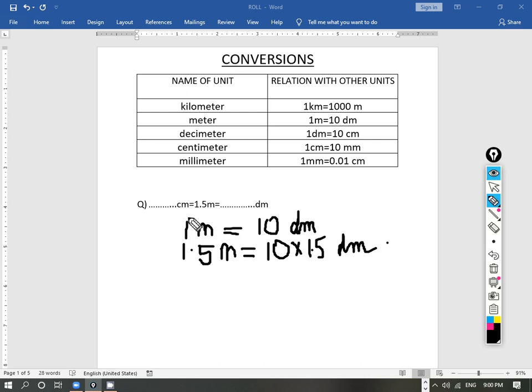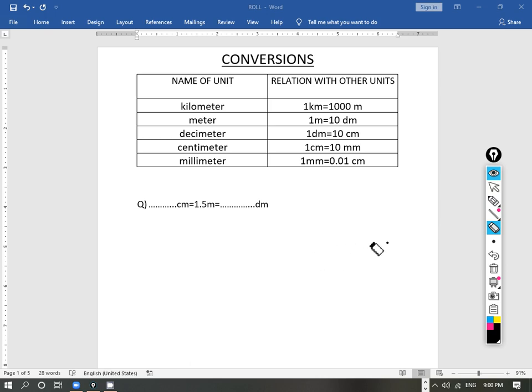Now we have to do the reverse one, that is 1.5 meter equals how many centimeter. So let's do that conversion. From here we can get that 1 meter equals how many centimeter.